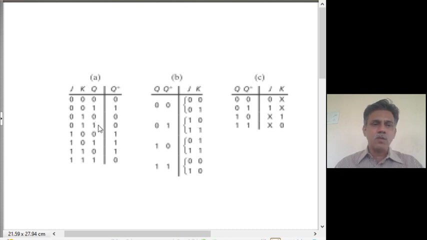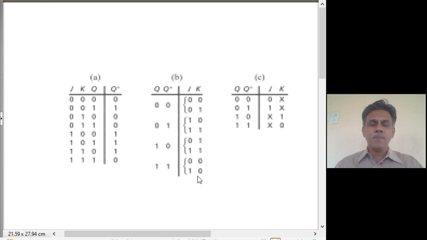There is 1, 0 in q and q plus here, for which the desired jk is 0, 1, and next one 1, 0, for which the jk can be 1, 1. Finally, 1, 1 condition, both q and q plus are 1, 1, jk can be 0, 0 or jk can be 1, 0. So, that is what is put here.